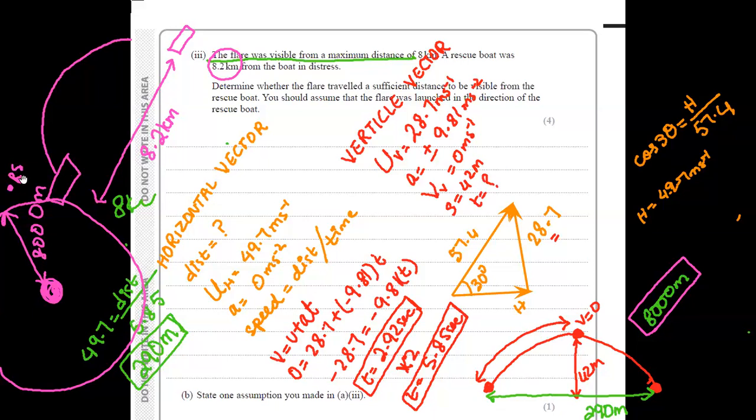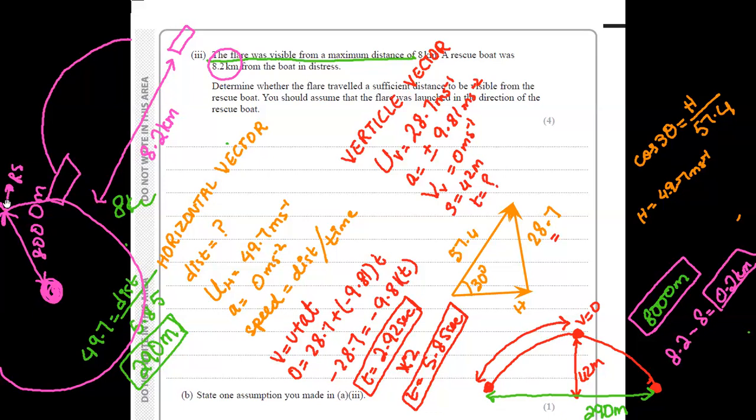Our rescue boat is 8.2 kilometers away and the maximum distance is 8 kilometers. If I subtract 8 from 8.2 kilometers, I get 0.2 kilometers.